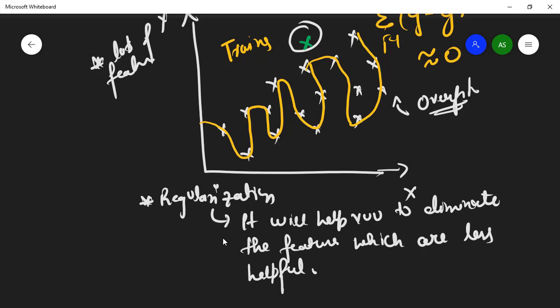That's what regularization is doing. It is saying that if a feature is less important, remove it, or make its respective theta equal to 0. So we will see what it will do. Just as an example, let's assume that it will help you eliminate the features which are less helpful. Now let's see how it will do that.